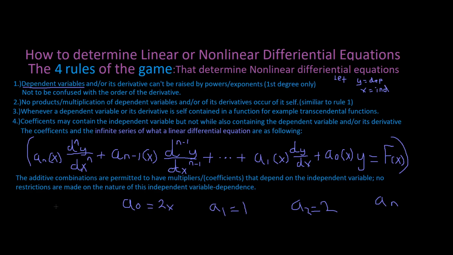But it can't contain something like this. I can't have 2x y prime times y z and all these extra stuff. We can't have that kind of stuff. We can't have y squared. Now it could be separate from it.